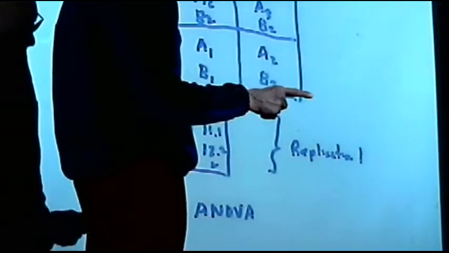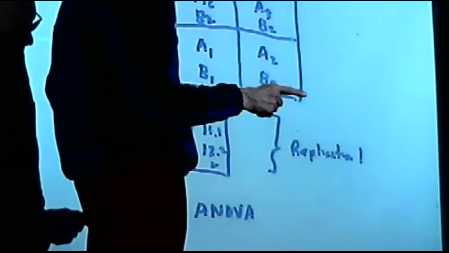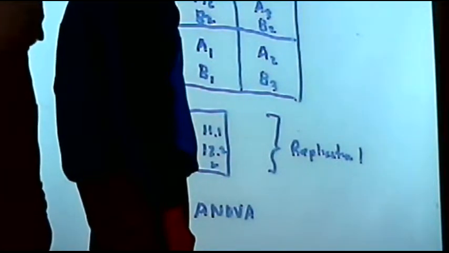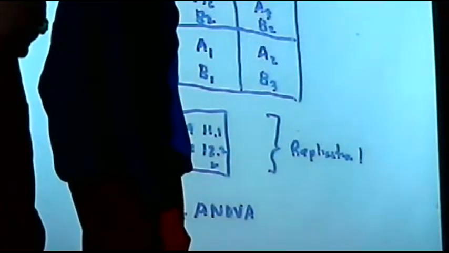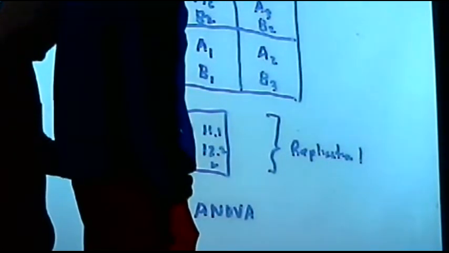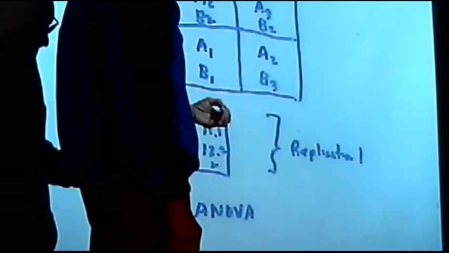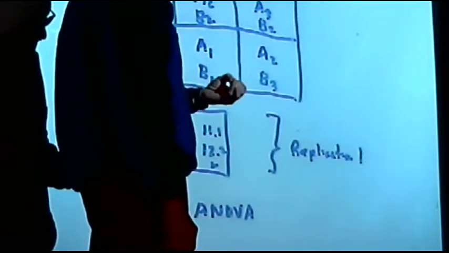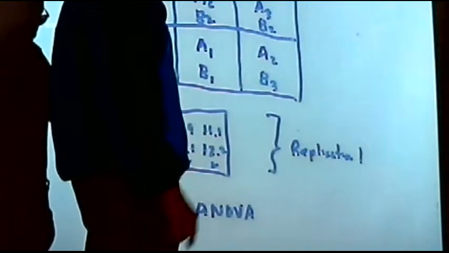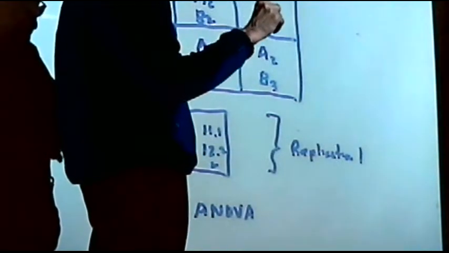I didn't answer your question directly. What was your question? I was saying, what if we have more replicates? Assuming that we have 3 replicates, will it still be a 2-factor ANOVA? Oh, sure, we've had 2-factor ANOVAs where, in fact, almost all of our examples had more than one observation per cell. At this point, I have 9 cells and 1 observation in each cell.